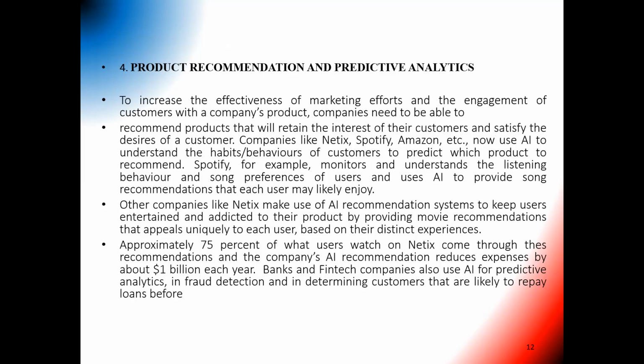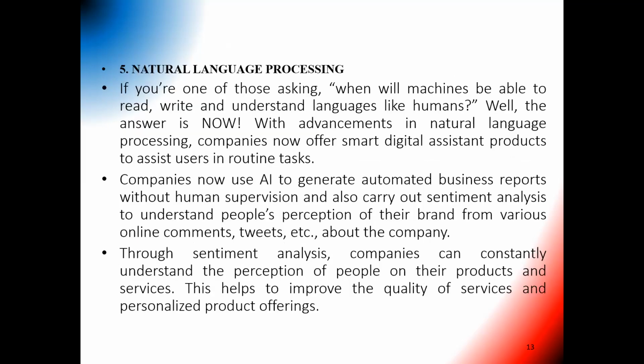Banks and fintech companies also use AI for predictive analytics in fraud detection and in determining customers that are likely to repay loans. So we can use AI for security reasons to detect fraud, okay? But it is based on the previous experiences. We can also use natural language processing, which is a branch of artificial intelligence.